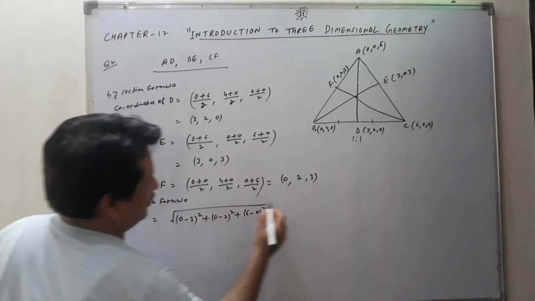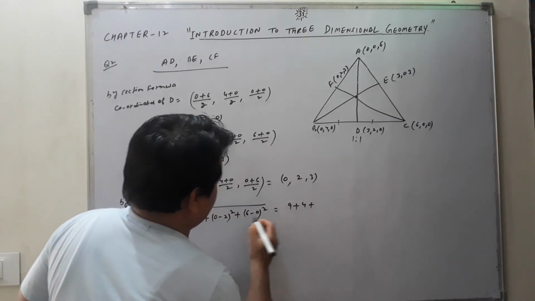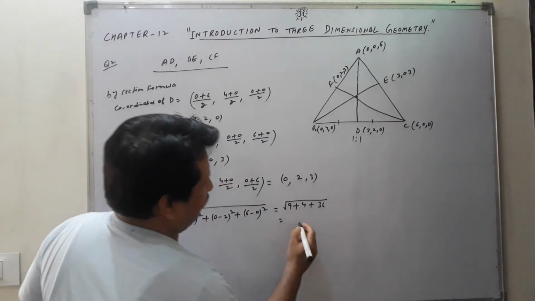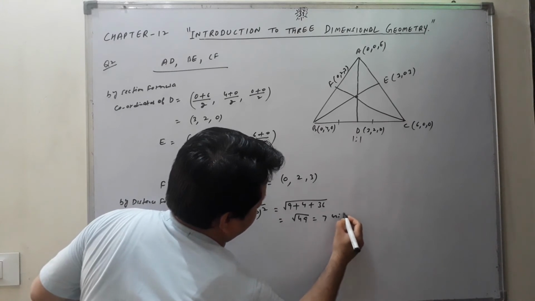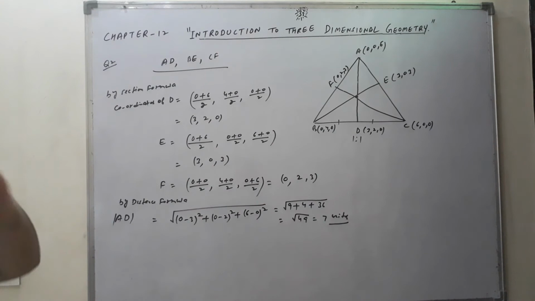It will come as 3 3s are 9 plus 2 2s are 4 plus 36. So it will be 49, then students, this is equal to 7 units. This is the length of median AD.